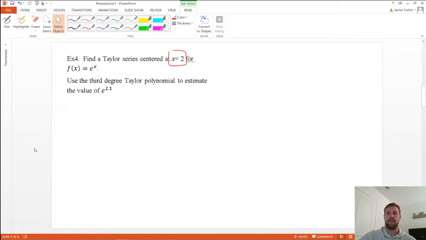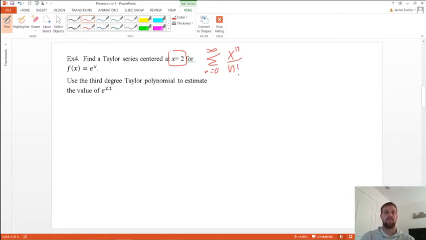All right, so we're finding a Taylor series centered at x equals 2 for e to the x. Now, e to the x is interesting because we actually know what the Maclaurin series looks like for that. We learned yesterday, and maybe even the day before, that it's the summation n equals 0 to infinity of x to the n over n factorial.